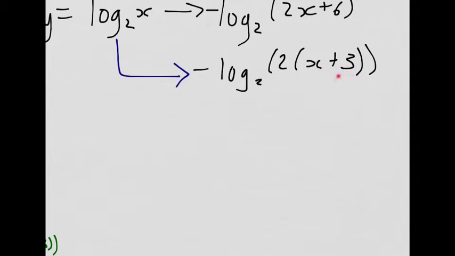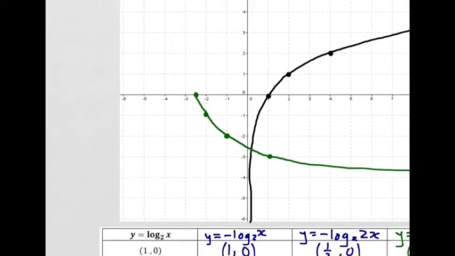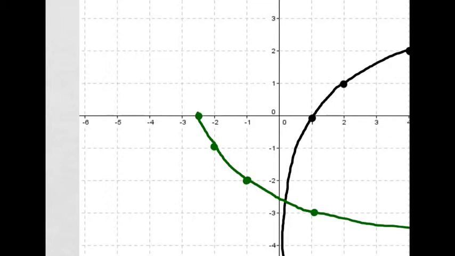The horizontal translation. Would the horizontal stretch affect it as well? It would if it was something other than 0. But because it's x equals 0, you half 0 and it doesn't move, right? So the only thing that's affecting it is the horizontal translation.